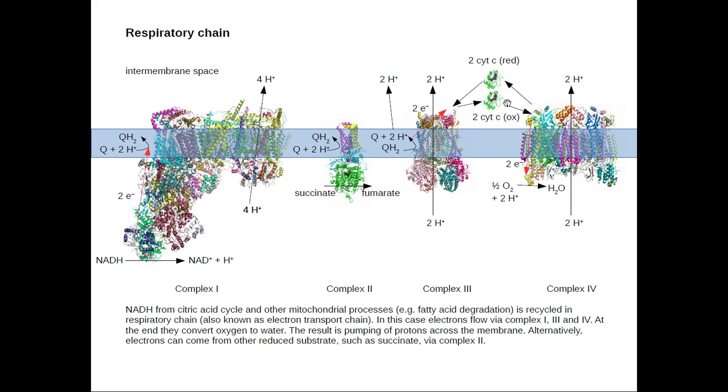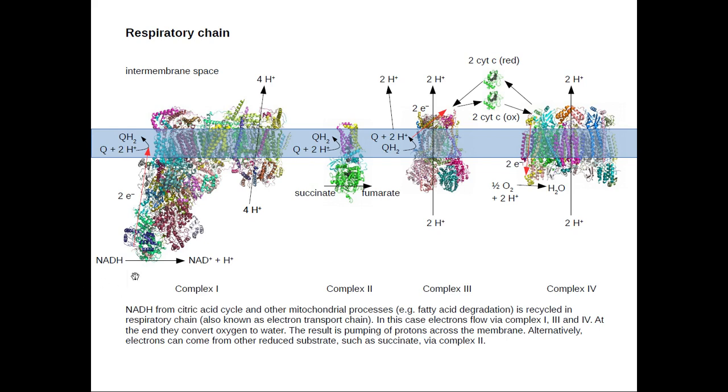The only molecule which is somehow confined in this intermembrane space is cytochrome C. It was found later that cytochrome C is also important as a signaling molecule, and it can signal damage of mitochondria: if the outer membrane is damaged, they can release cytochrome C, and cytochrome C can do some signaling job inside the cell.